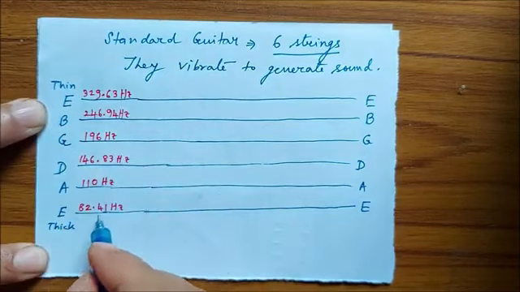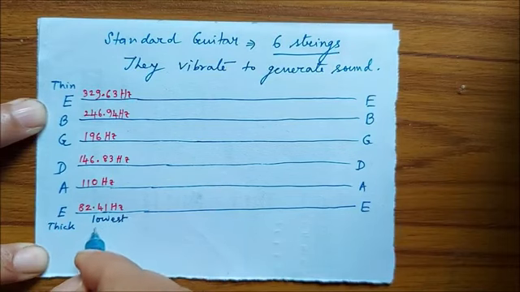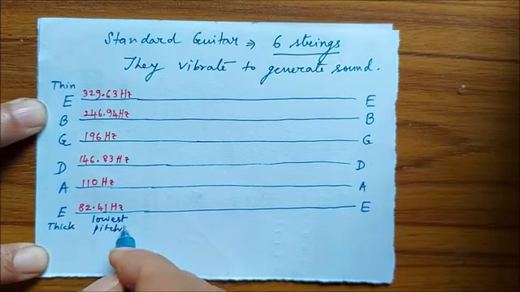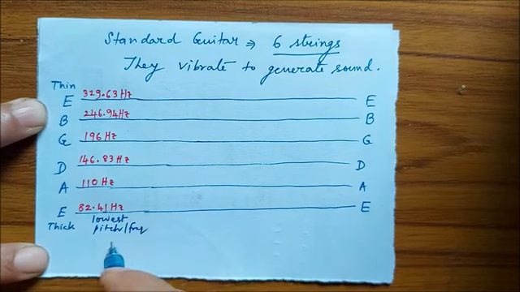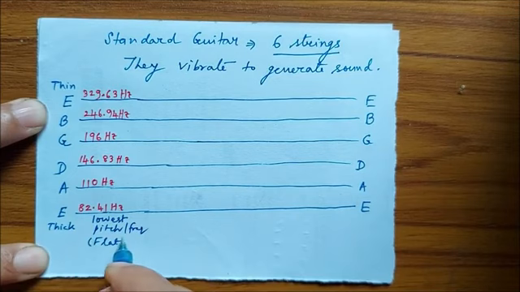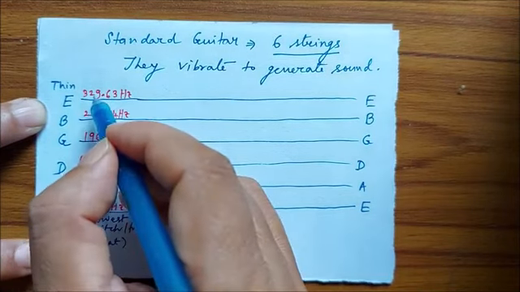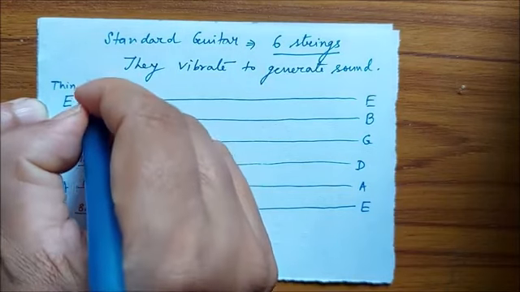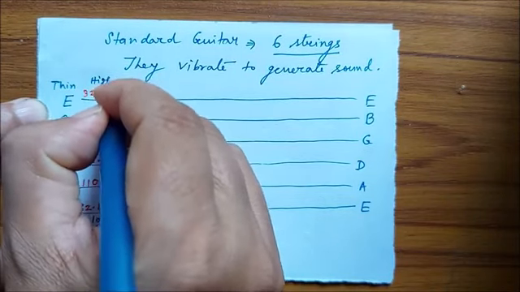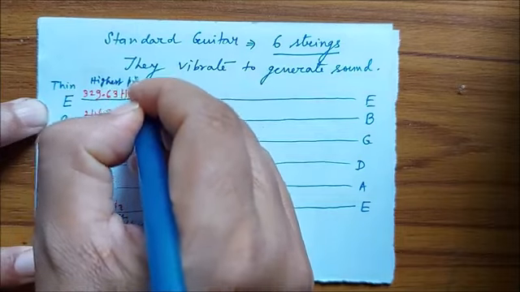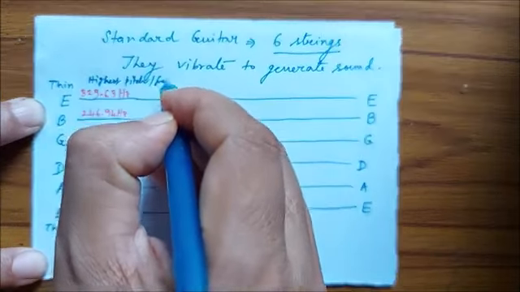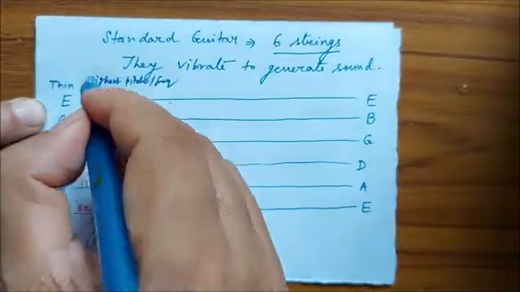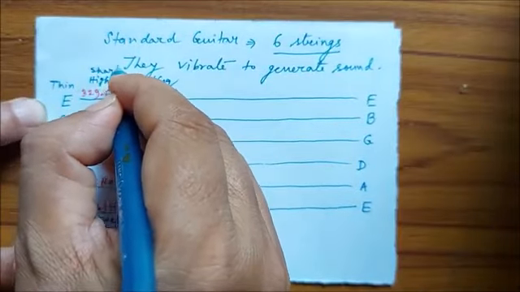So this string has lowest pitch or frequency and it is flat so far as the sound emitted is concerned, while this E is of highest pitch or frequency and it emits a sharp sound.